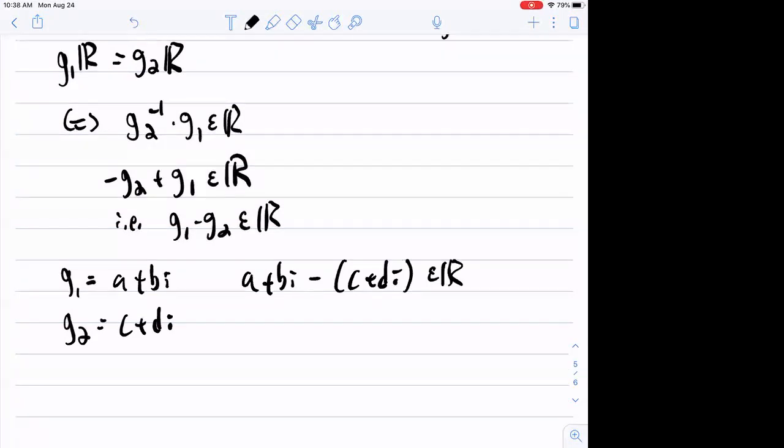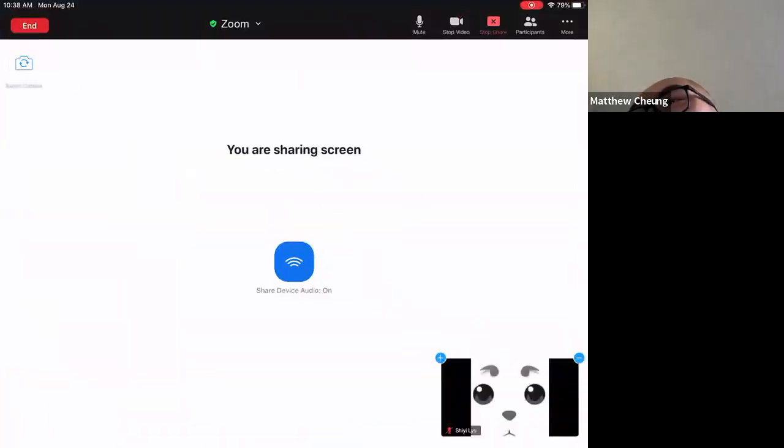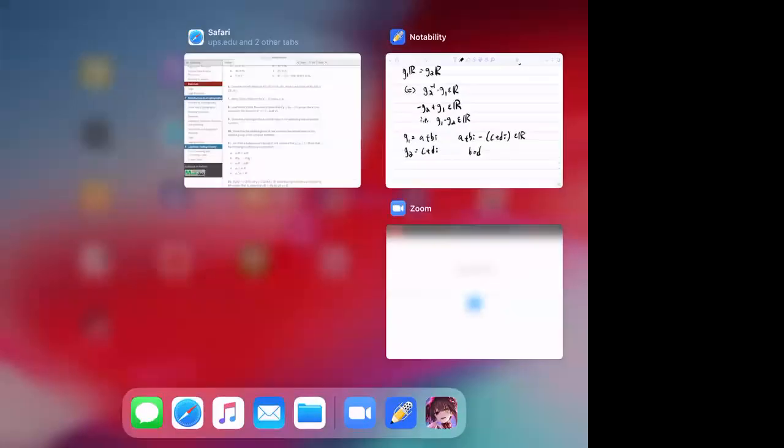That means the i part has to go away, right? So does everyone agree that b must equal d for this to be a real number? Because if b is not d, it's complex, right? It's not real. It has a non-zero i component.